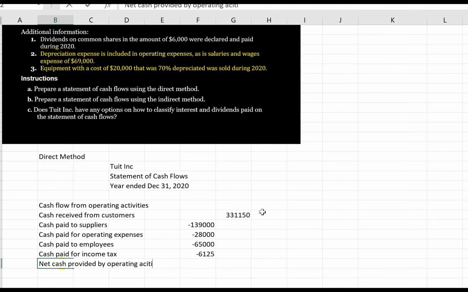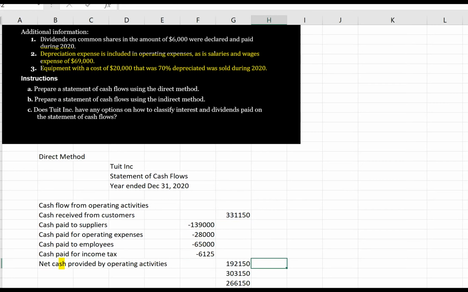The reason I'm saying provided by is because I see how high the cash from customers is, and so I'm pretty sure that we are going to have a positive here, but let's take a look. So we're going to have this amount plus this total here. And what's that going to give us?